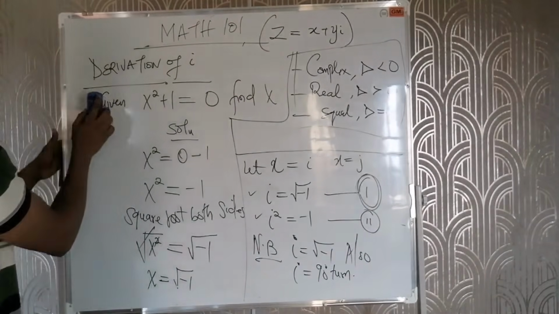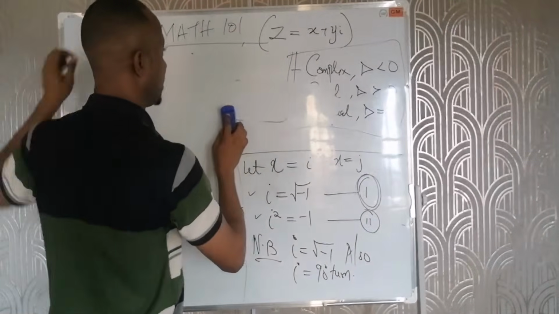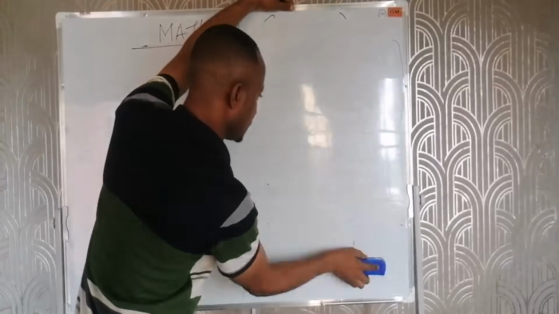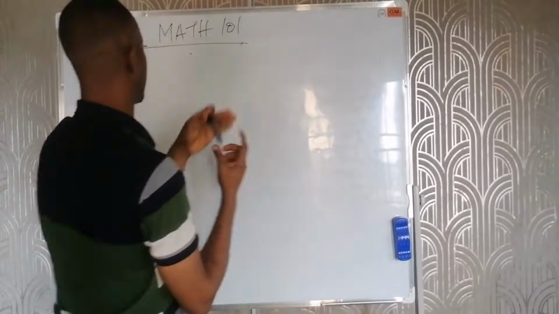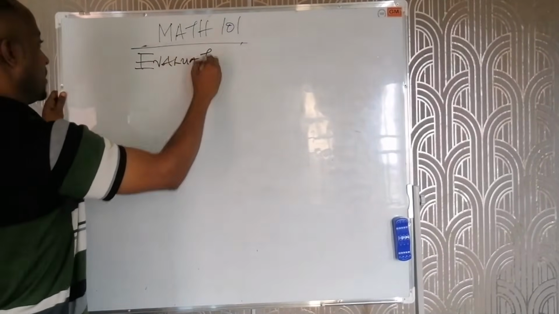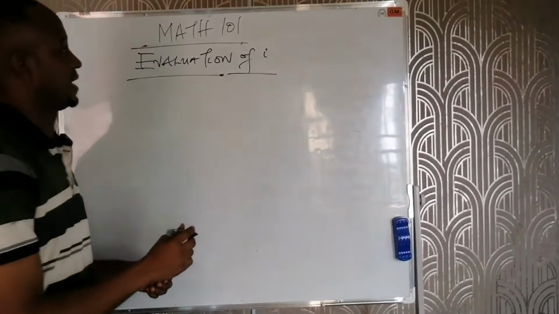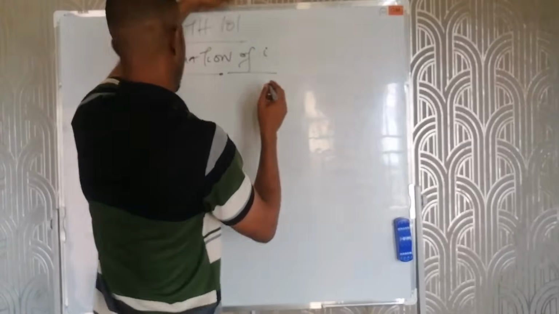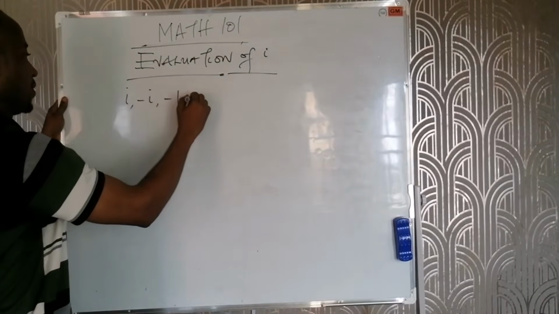Okay, so we have seen how to derive I. Let's look at how to evaluate I. Very important: whenever you are evaluating I, note that the value will not go beyond I itself, minus I, minus 1, or 1.